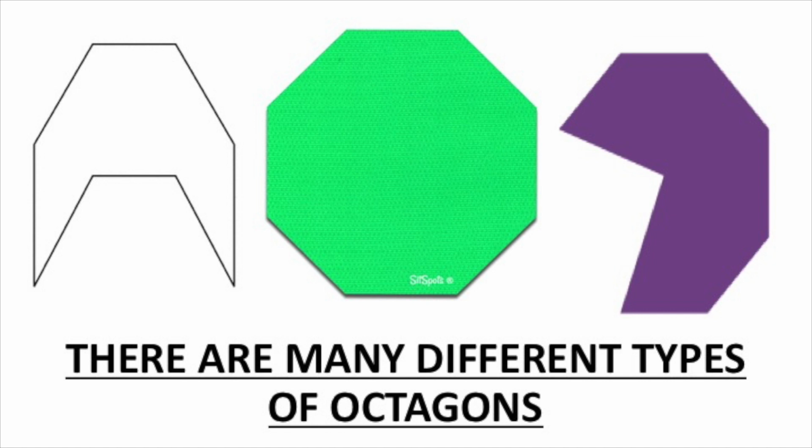1, 2, 3, 4, 5, 6, 7, 8. Octagon. This one, 1, 2, 3, 4, 5, 6, 7, 8. Octagon. And how about the last one, guys? 1, 2, 3, 4, 5, 6, 7, 8.